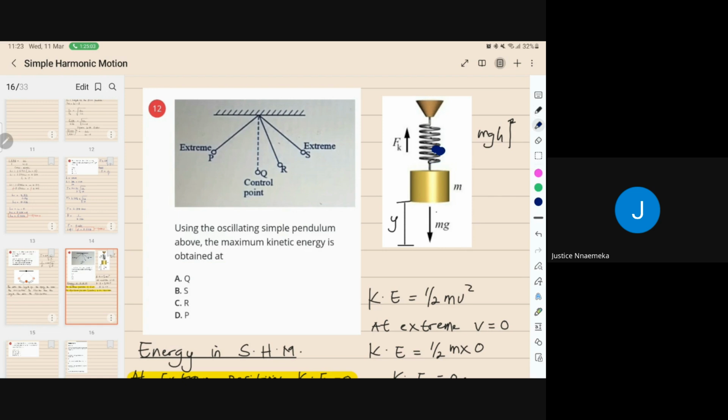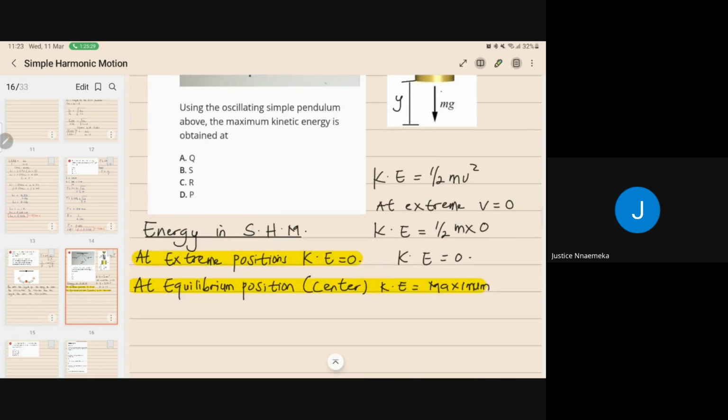So at that very extreme point, it has more height, more displacement, and hence the potential energy has increased. So potential energy is maximum at the extreme positions and minimum at the center. So at the lowest point, potential energy is minimum, and it is maximum at those extreme points.